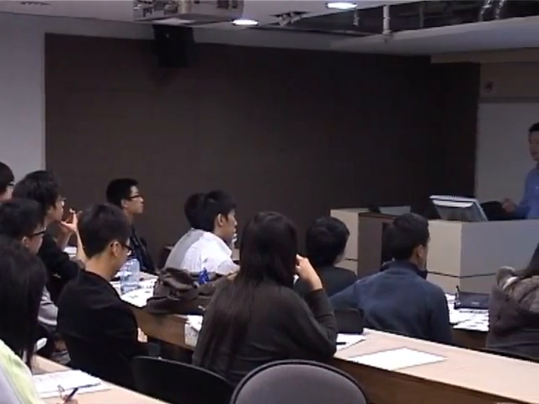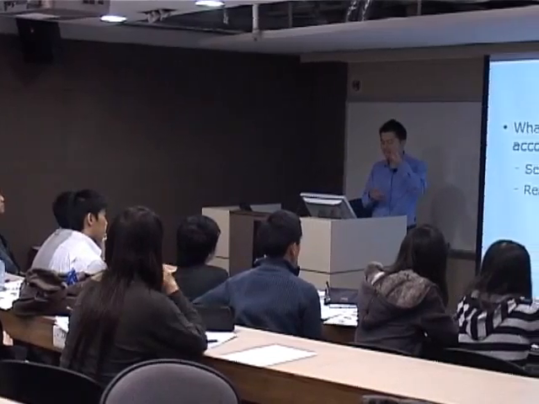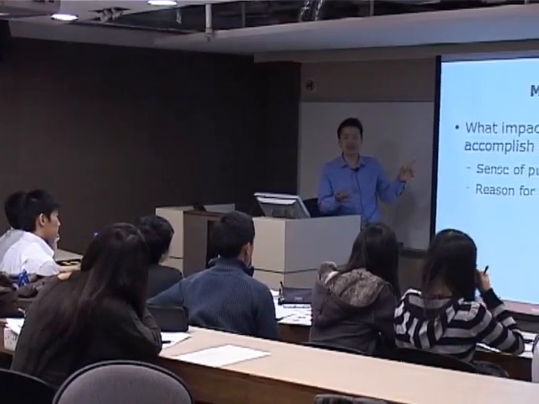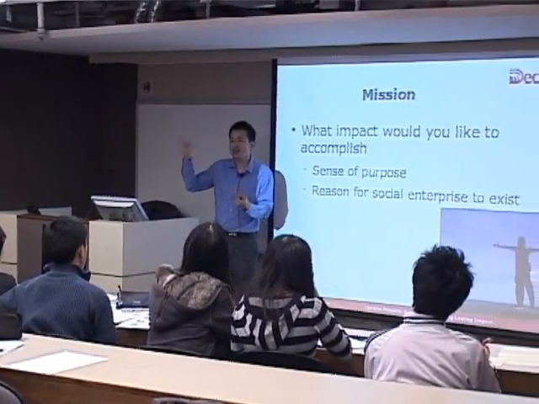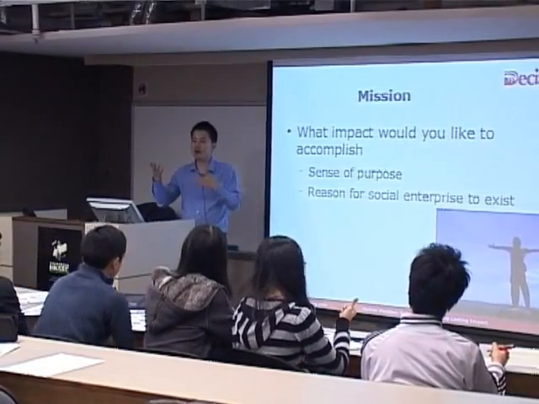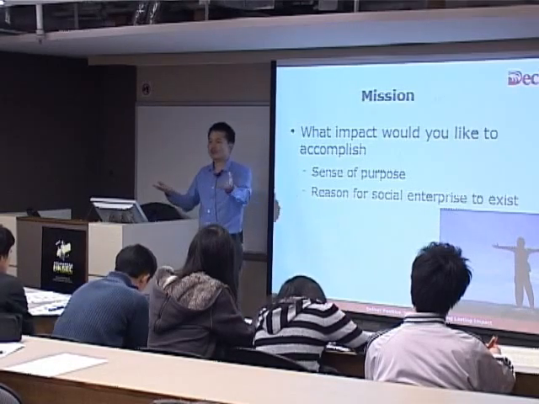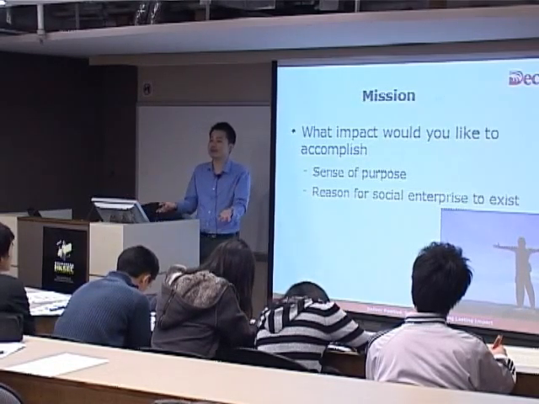Maybe. And for that vision, what you need to accomplish to make that vision happen. So vision, in a way, how I define it, is what do you aspire to be? So I want to be the largest organization that helps the homeless.